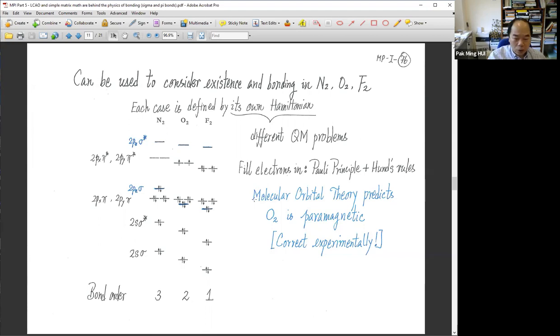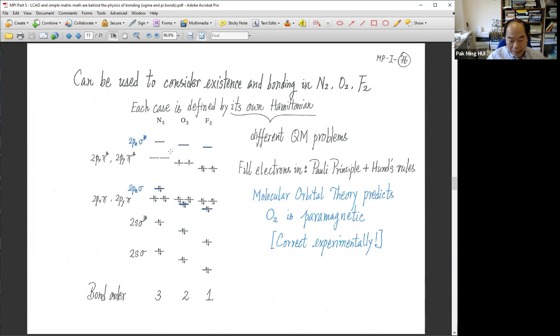So for O2, we have two more electrons, and by Hund's rule, we better fill it with the spin aligned. That will be the lower energy way to fill it, but that is a separate story about Hund's rule. Nonetheless, for the bond order, it doesn't matter. Now we have 6 electrons in the p bonding and 2 in the anti-bonding.